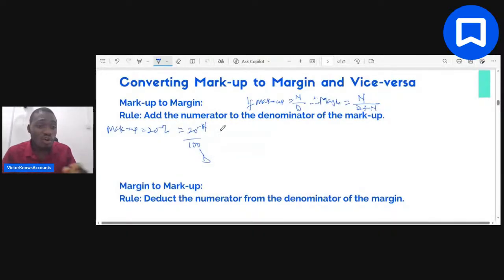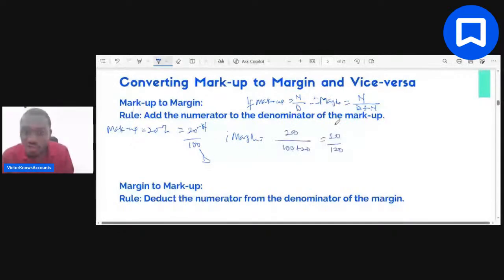So if markup is 20 over 100, then margin will be 20 over 100 plus 20. That gives me 20 over 120. It's as simple as that. That's my margin. Do you understand that?